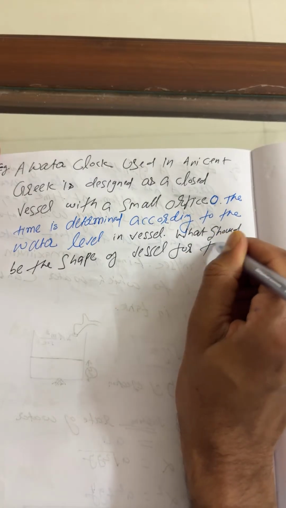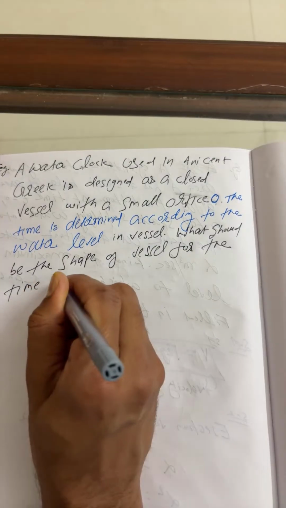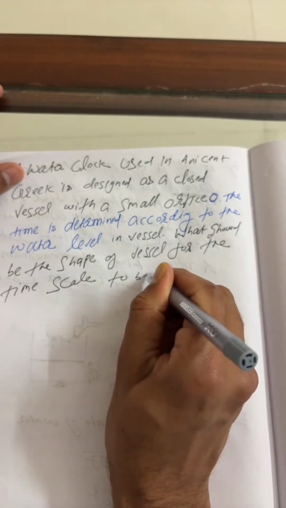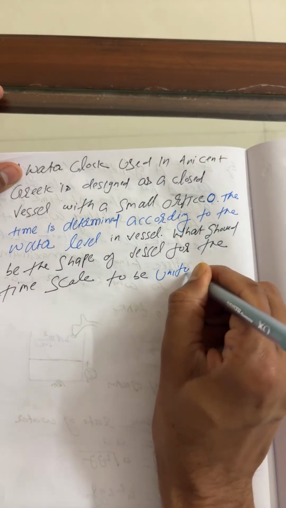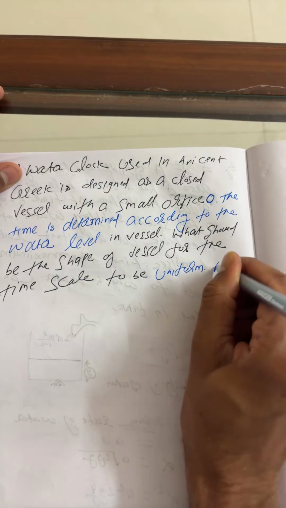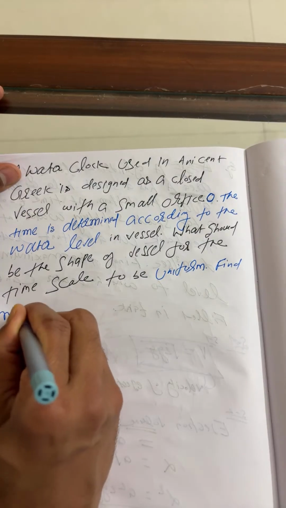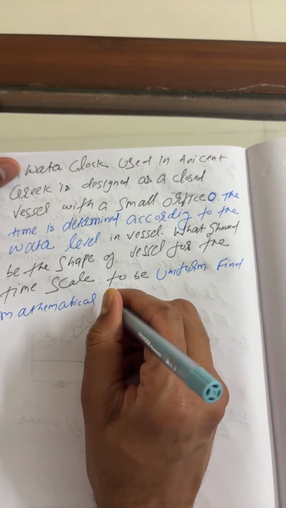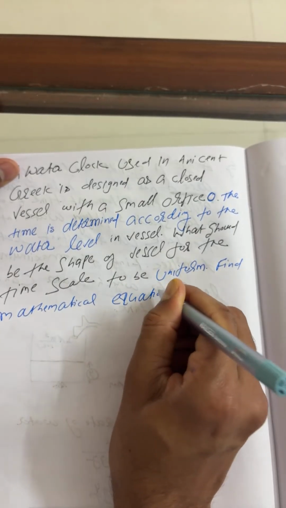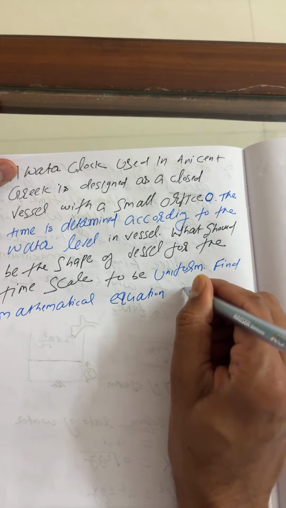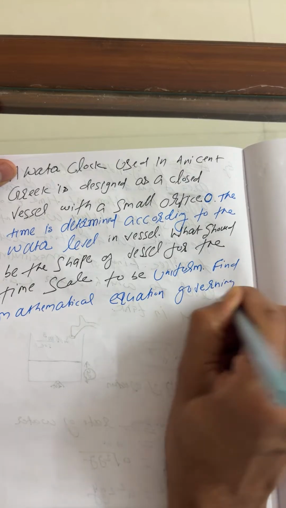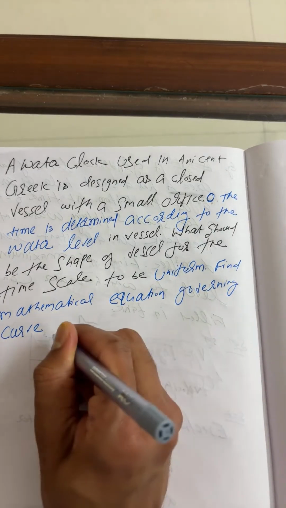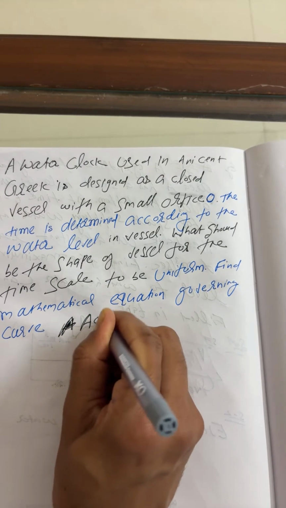for the time scale to be uniform? Find the mathematical equation governing the curve AOB.